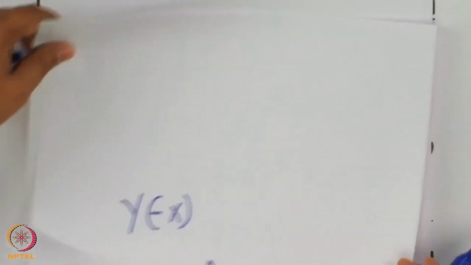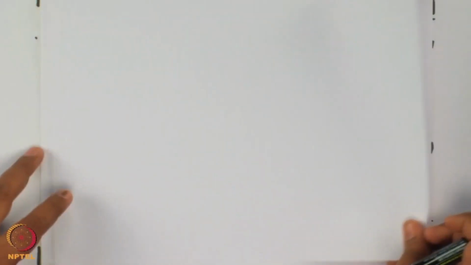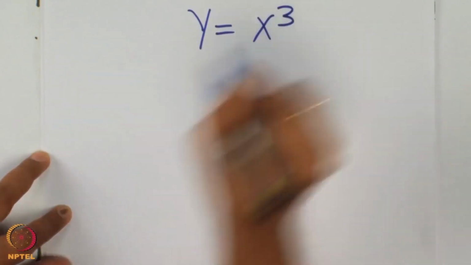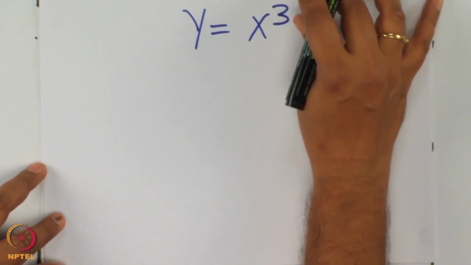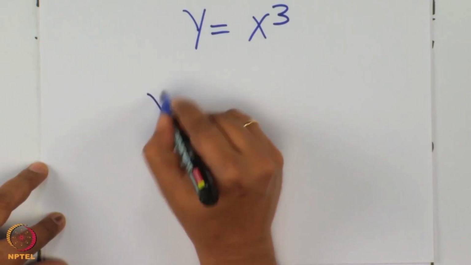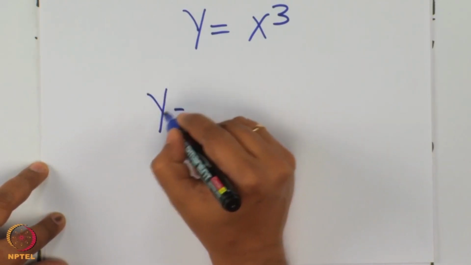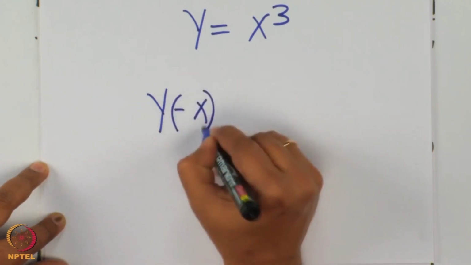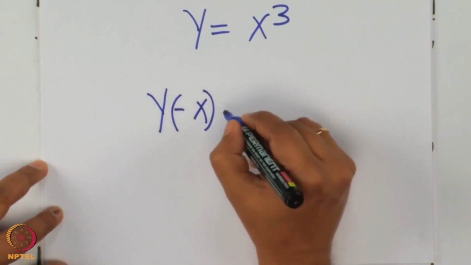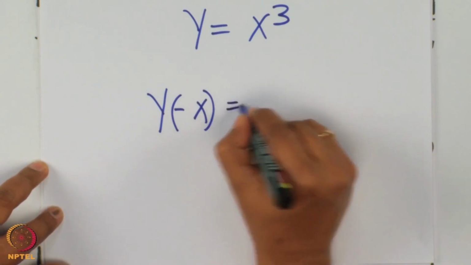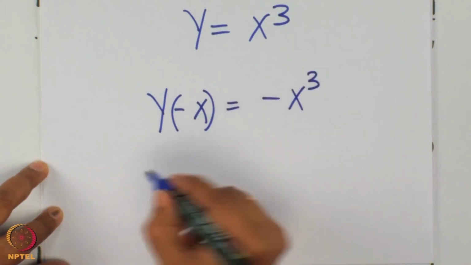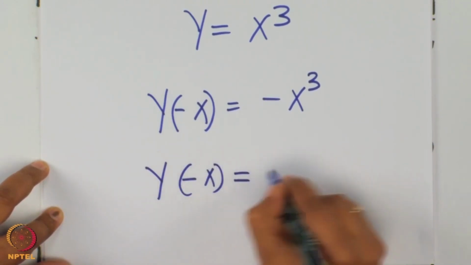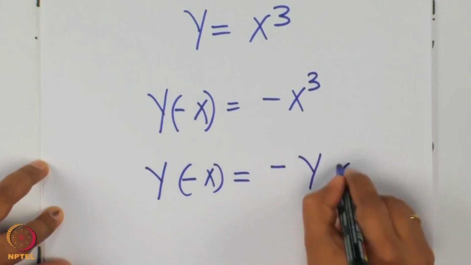So let me write this again. We had y is equal to x cubed, so our function is x cubed. Now we want to write y of minus x, and we saw that this is minus x cubed, and what we want to say is that y of minus x is equal to minus of y of x.